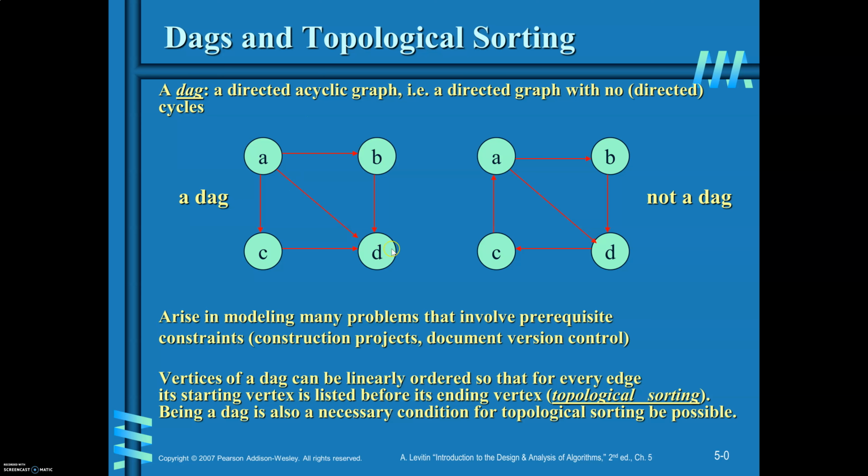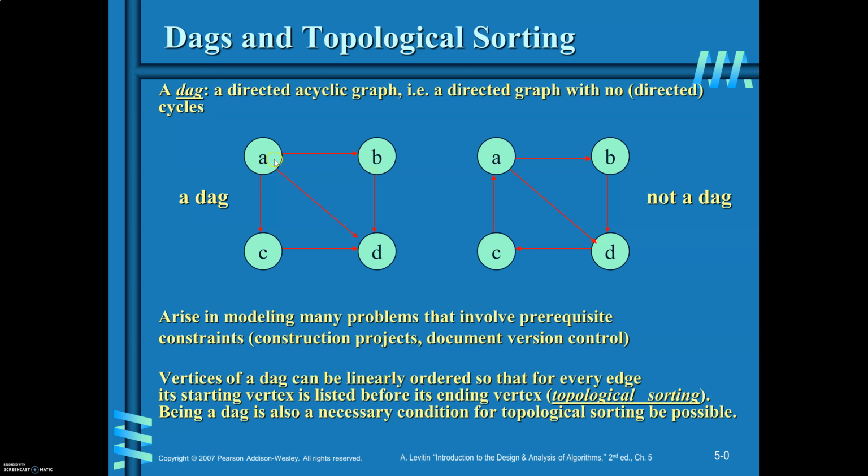Similarly, if I want to list out D, I have to list out first A, B, C. Then only I can list D. So this is topological sorting. That means for every edge, you have to list its starting vertex before its ending vertex.